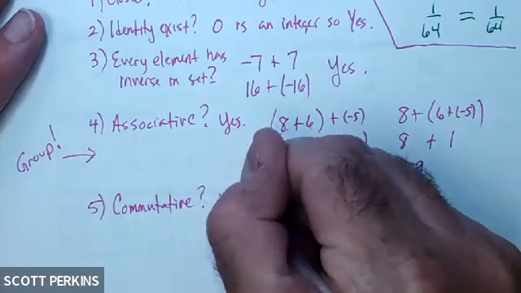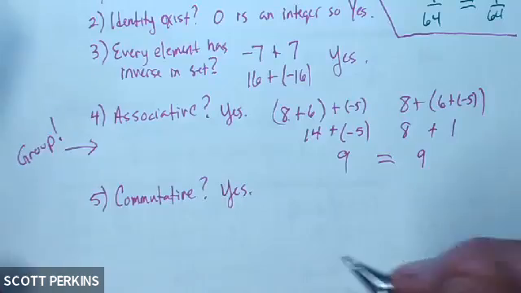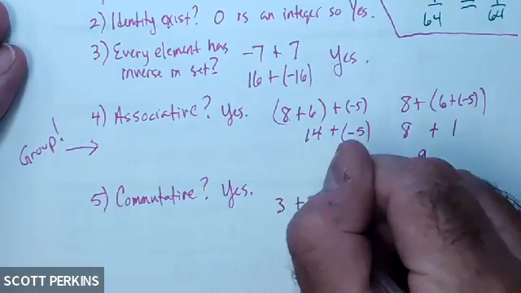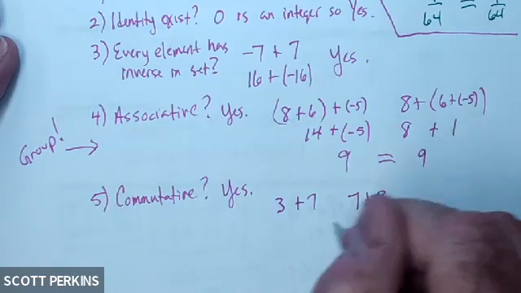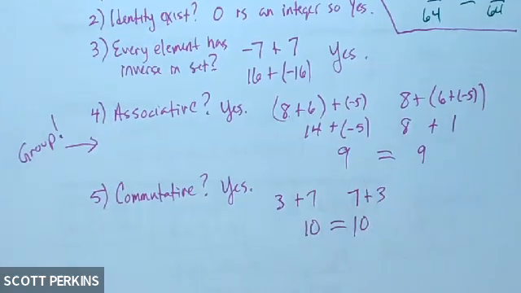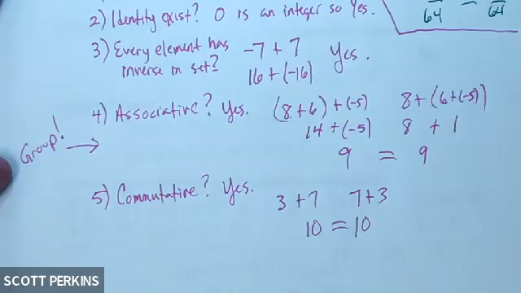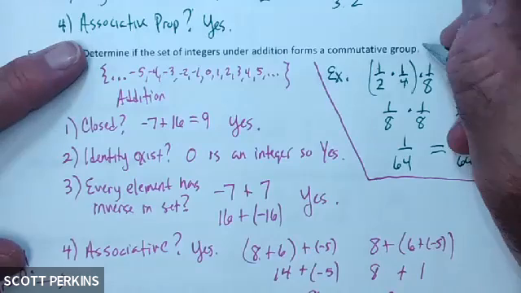So let's just give an example of the commutative property. And so hopefully you just said, okay, I'm going to pick my favorite 2 integers. Mine are 3 plus 7. And so is that going to be equal to 7 plus 3? Well, I sure hope so, because the Perkster told me in class that addition is commutative. And there we go. So are the integers a commutative group under addition? And the answer to that question is going to be yes, they are.